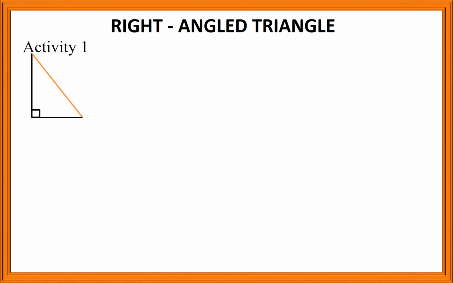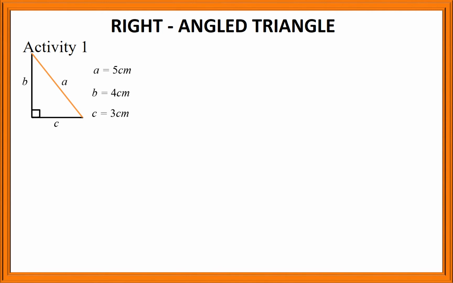Let's label the sides as A, B, and C. Already we said B should be 4 centimeters and C should be 3 centimeters. When we use a ruler to measure, A will be equal to 5 centimeters.